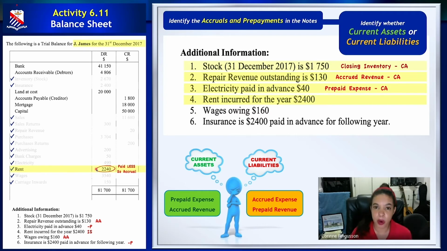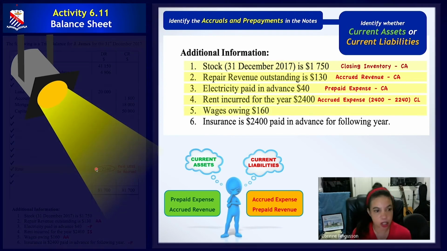If you paid more, that means you paid in advance, which is a prepayment. So in this case, you paid less, it's an accrual. Okay? Right. So we could black out that again because we have dealt with that. We go on to the next one, which is wages owing. They've told us owing means an accrual.